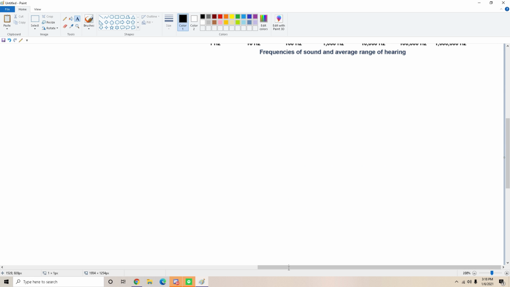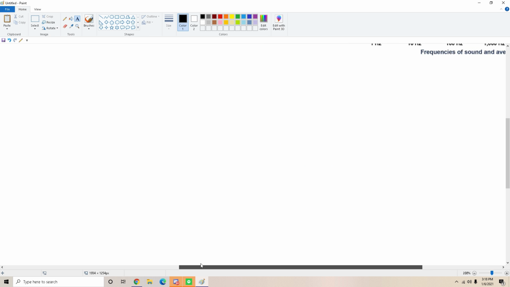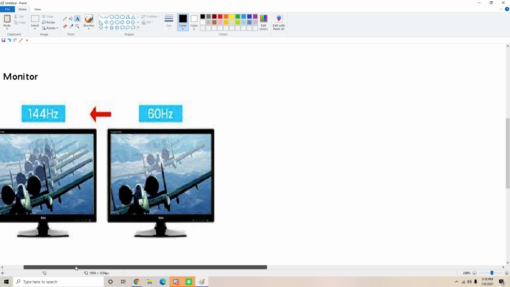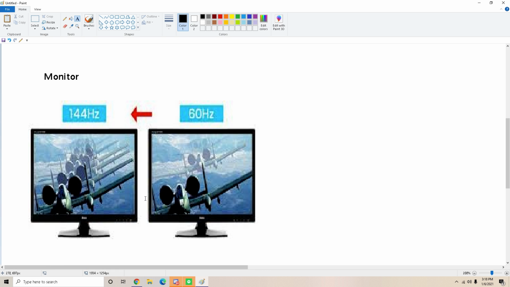Now I'm going to get into hertz for monitors. I'm recording on a 144 hertz monitor right now. At 60 hertz you can't really see every single frame. Hertz for a monitor is basically how many times your monitor can refresh.